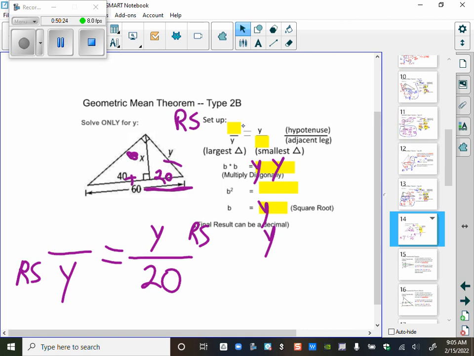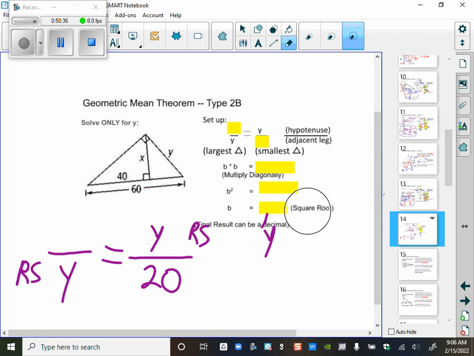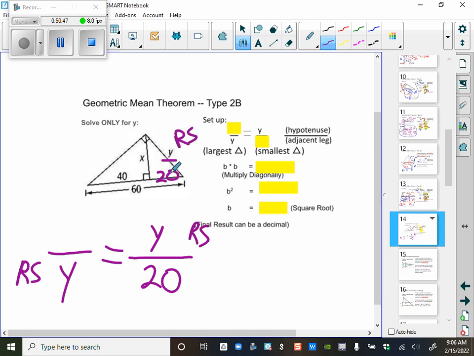Give me 1 second. It looks like the Zoom messed up completely. Okay, hold on. Let's resolve. All right. Okay, not the end of the world.